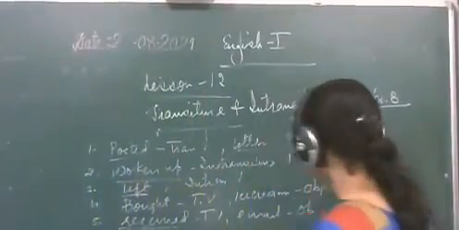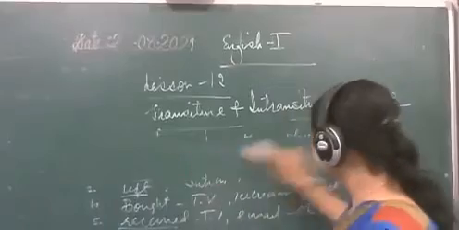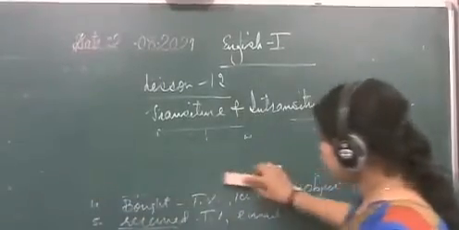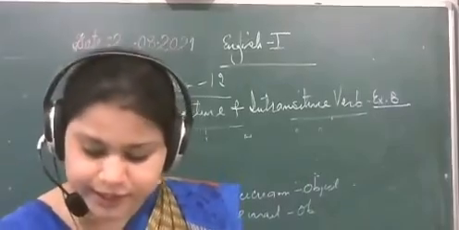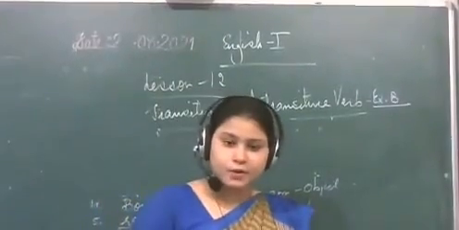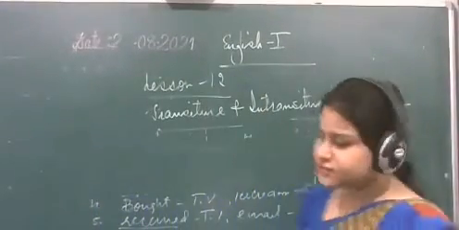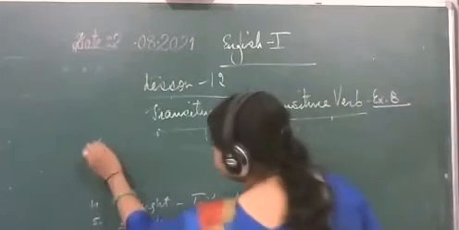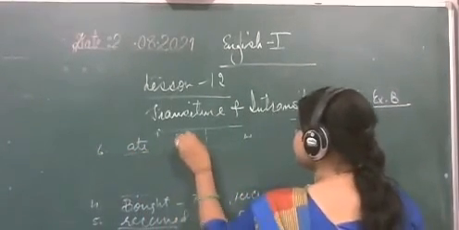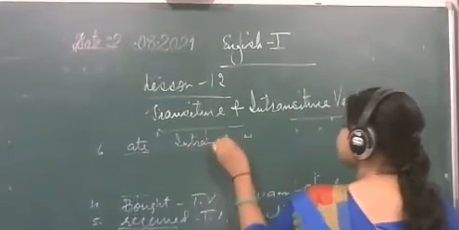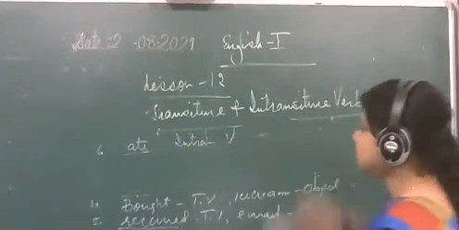I will erase here and then write the next one. Now number six: I ate as quickly as I could. It's very simple. We do not find any object here. So six will be ate, an intransitive verb.